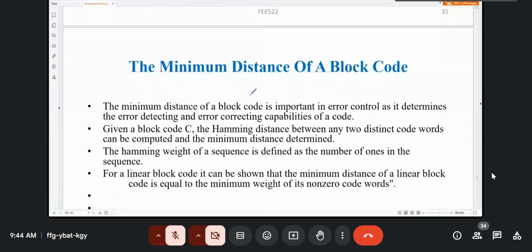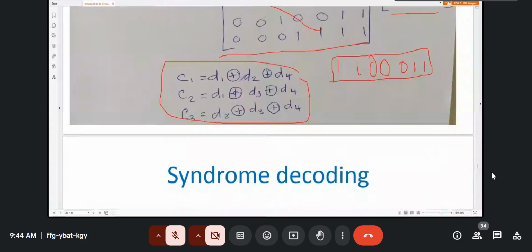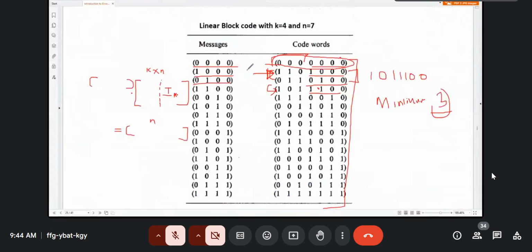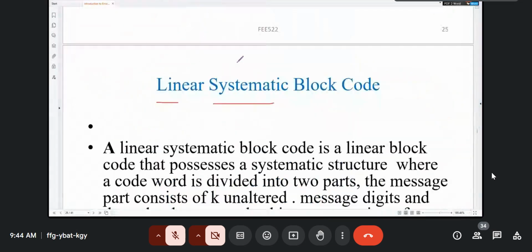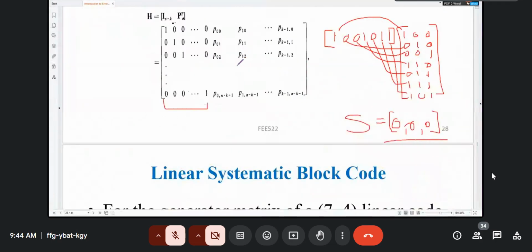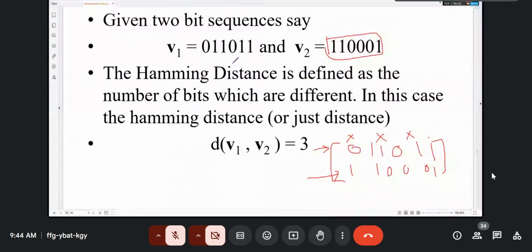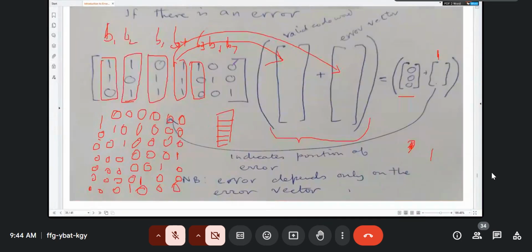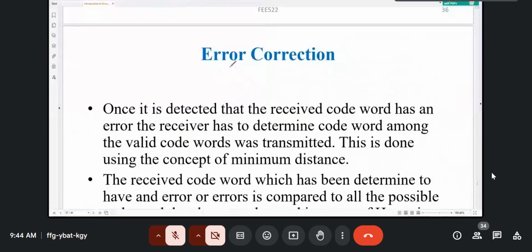If for example this code's minimum distance was 1, it cannot even detect errors, which means once an error occurs, it may produce another valid code word. So to correct a 1 bit error, you require a minimum distance of 3.